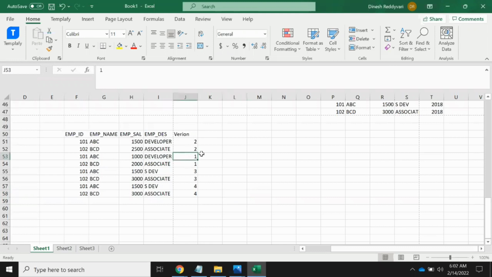But the problem is, if you want to know the latest version or previous version, we can understand that using the version number. But from which date to which date, the duration, you cannot see. For example, employee ID 101: in version 1 the salary is 1000, and in version 2 it is 1500. But how many days he received this salary, can you see the details here?